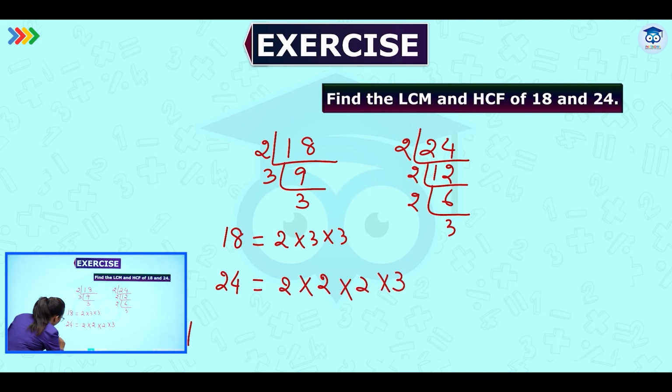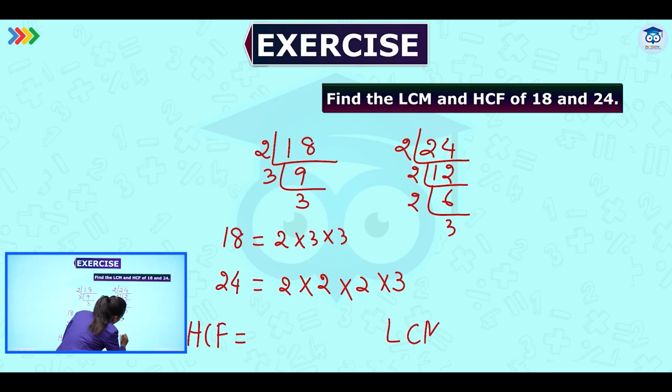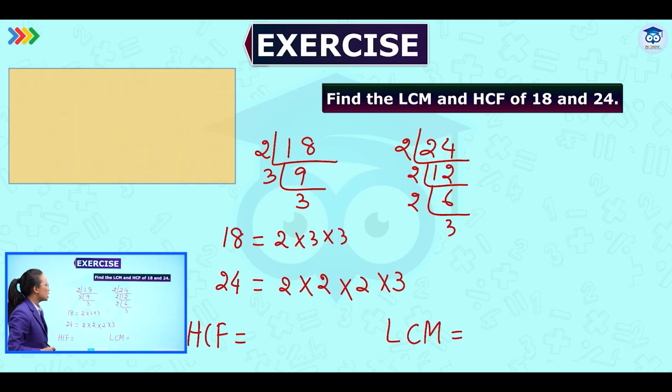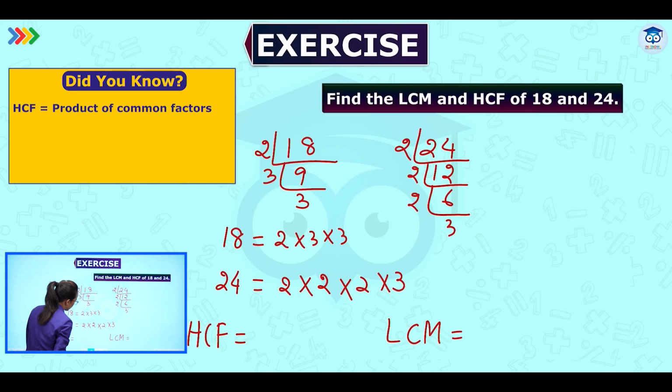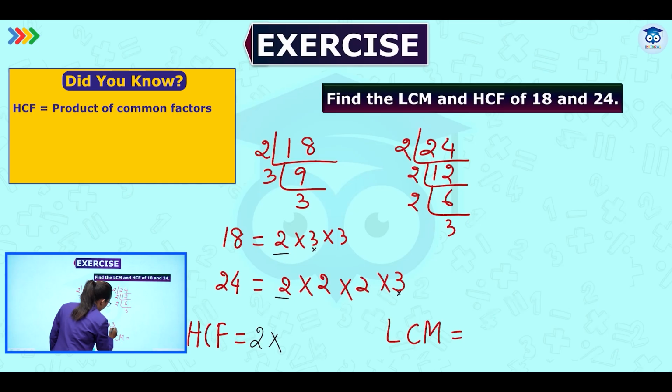Now the rule for finding the HCF is that you take out the common factors. The first prime factor common to both is 2, so we write 2. Next we have 3 here and 3 here, so we take 3.